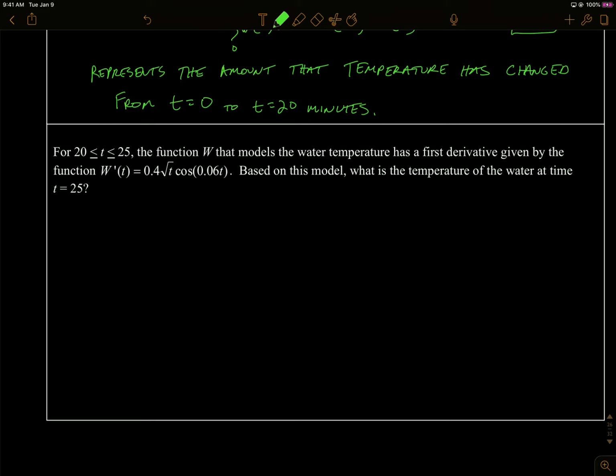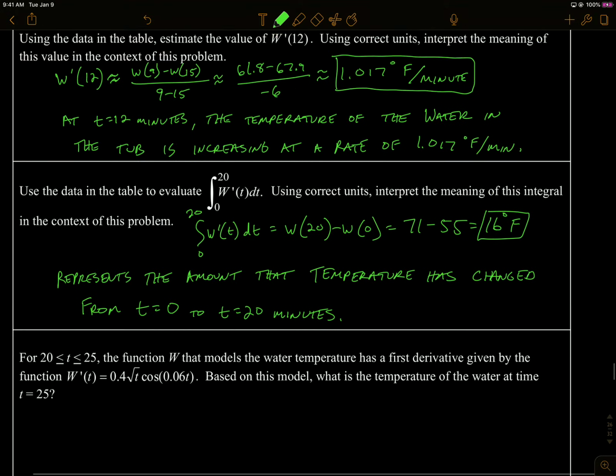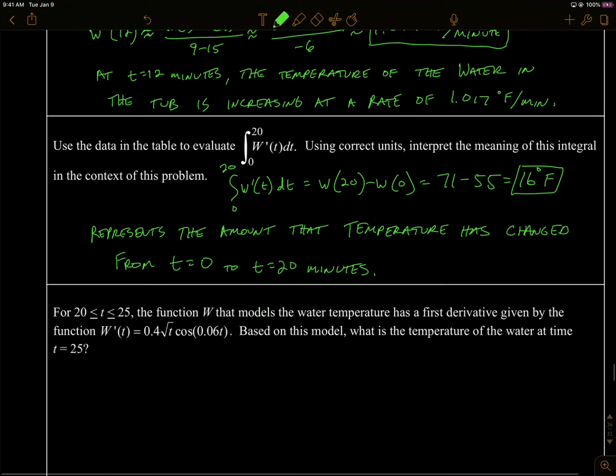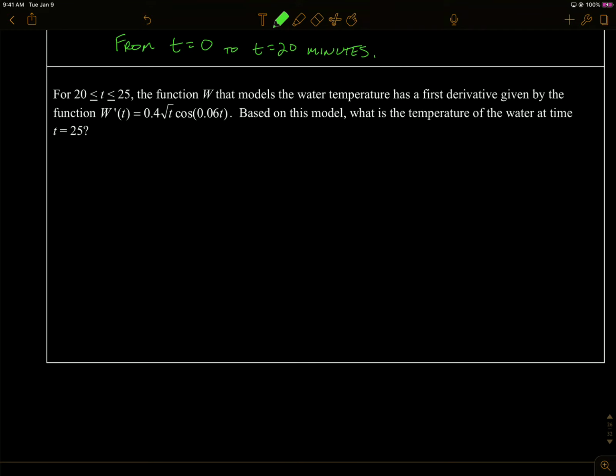For t from 20 to 25, the function W that models the water temperature has a first derivative given by the function. So now they're giving us the derivative, the equation or the function. Based on that model, what is the temperature of the water at time t equals 25? So if I go back to here, there's no 25 on the table. So how am I going to do this one? Here's where we can use the fundamental theorem of calculus.